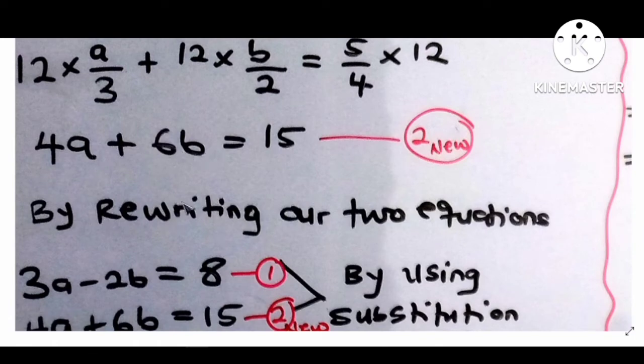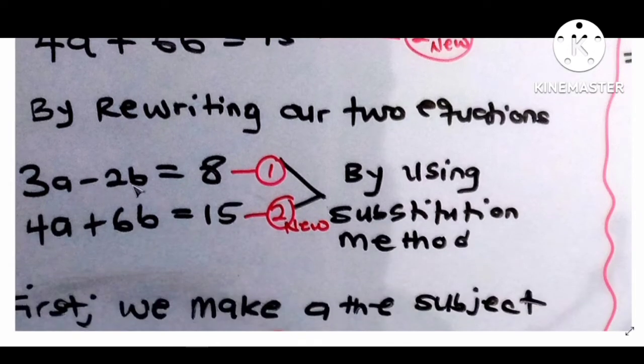So by rewriting our two equations, this was our equation 1, which was 3a minus 2b is equal to 8. And this is our equation 2, the new one, 4a plus 6b is equal to 15. We are all used to this method now. It's very simple. We used to apply the elimination method, where we eliminate one variable first and find the other variable, and after that substitute into any of the equations.